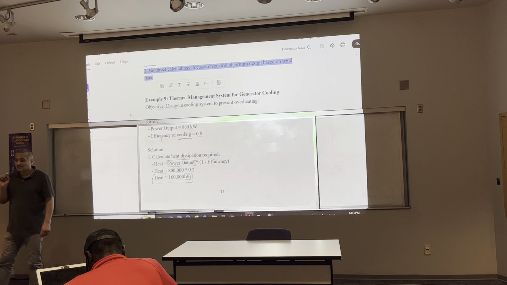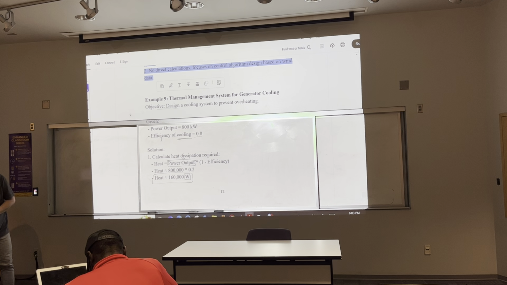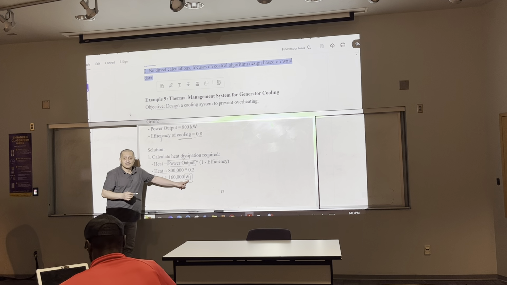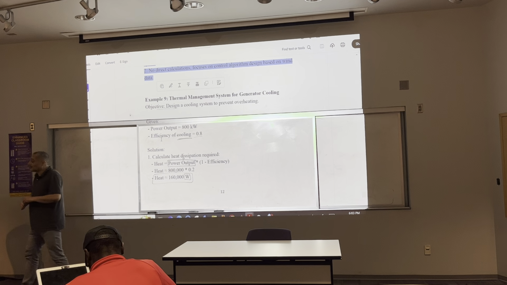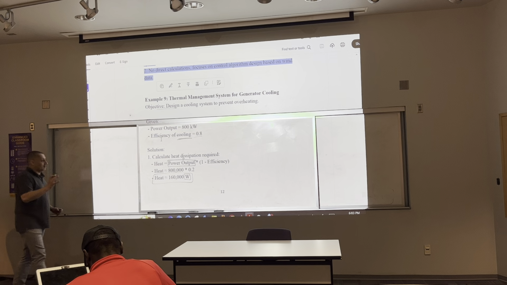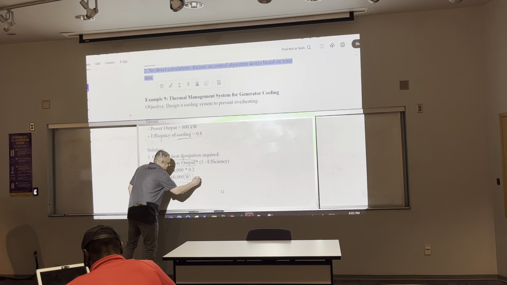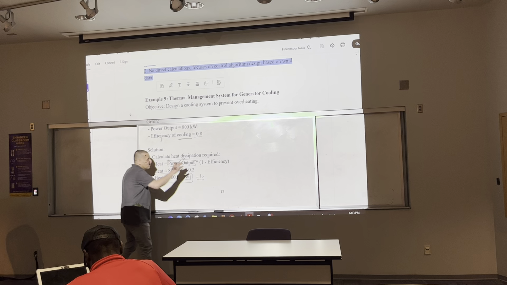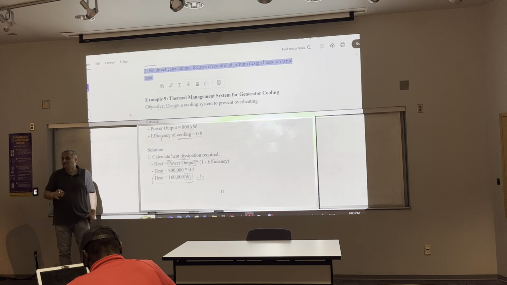This is thermal power, in watt. The unit is very important. If you miss a unit, I will give you minus 10 for each missed unit.